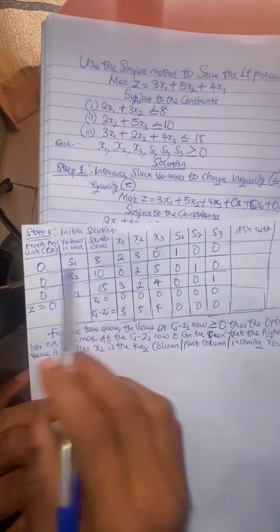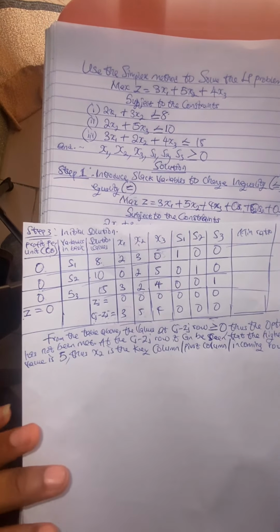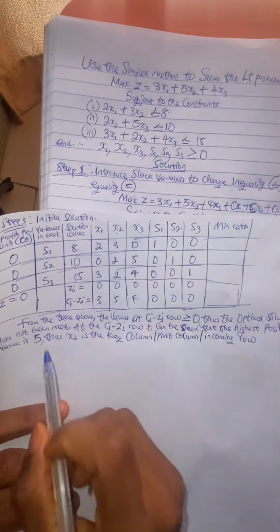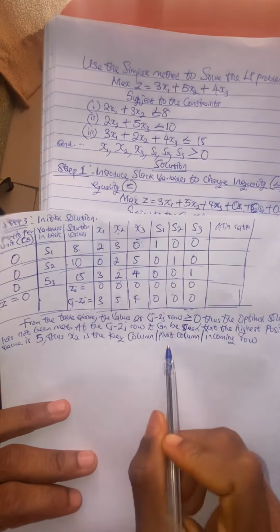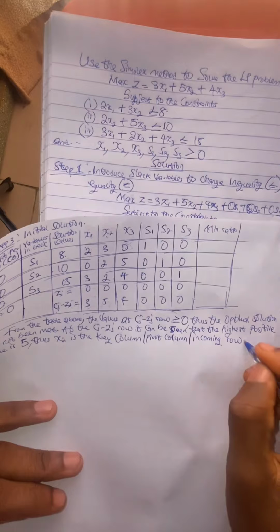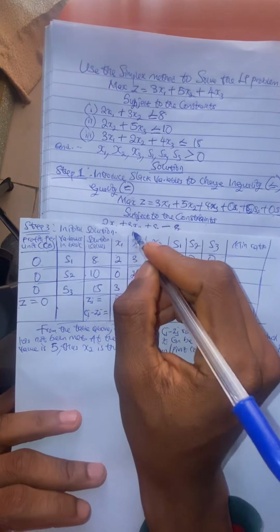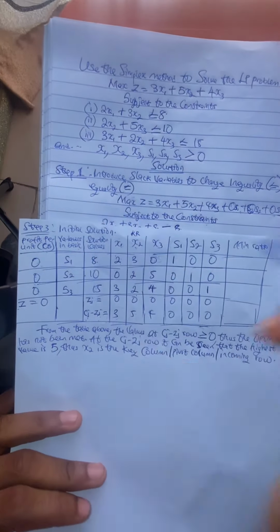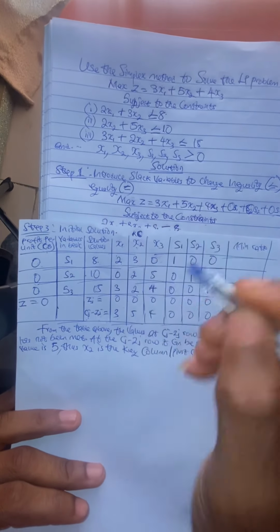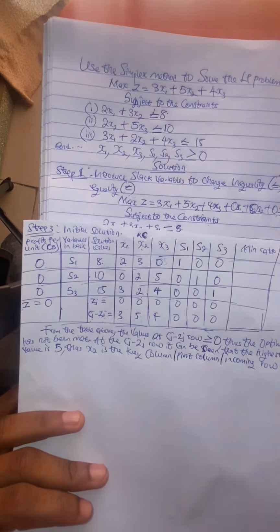It will replace this row. Don't worry, as we move on, you will understand what I mean by it would replace it. So x2 is the key column slash the pivot column slash the incoming row. You can simply indicate at the top key column or pivot column, so as you will not forget.